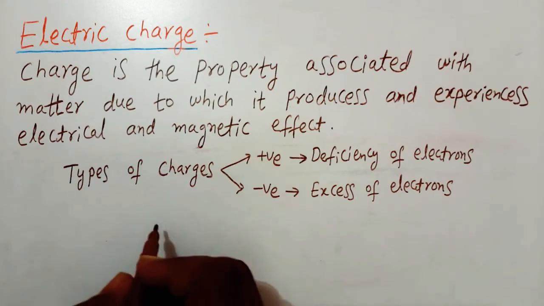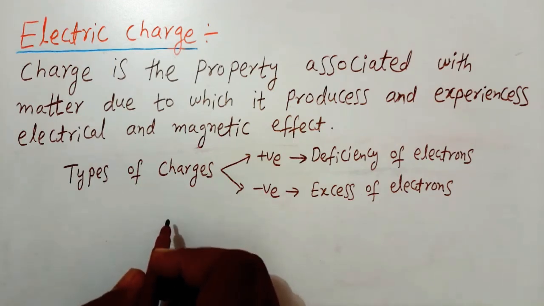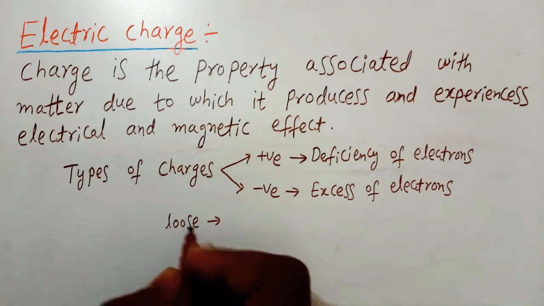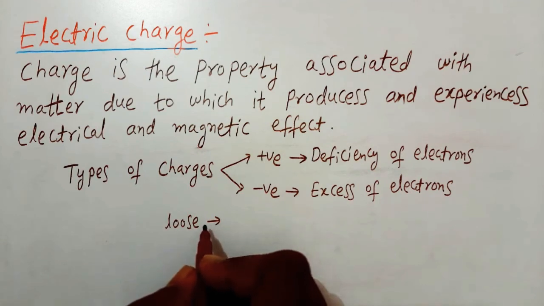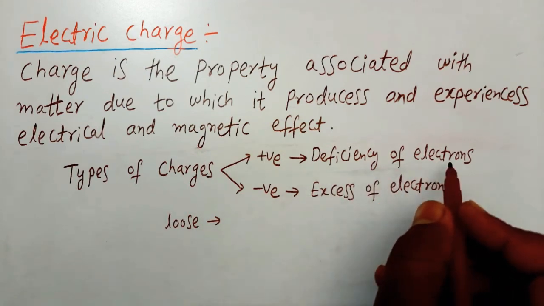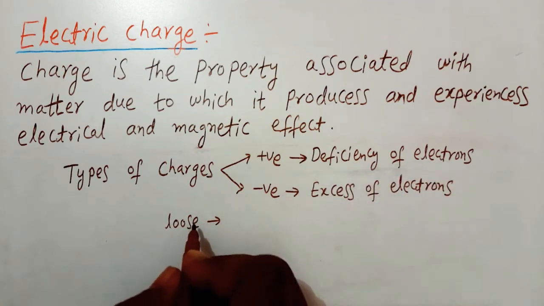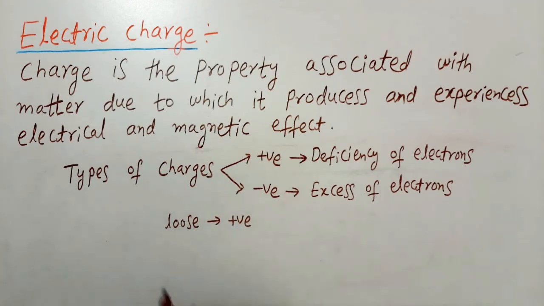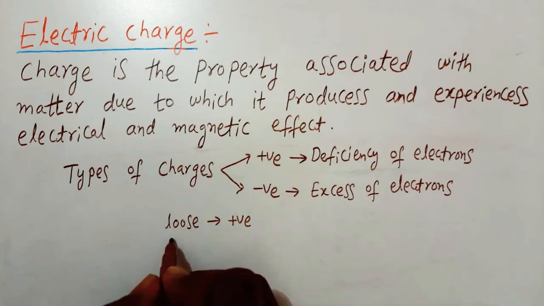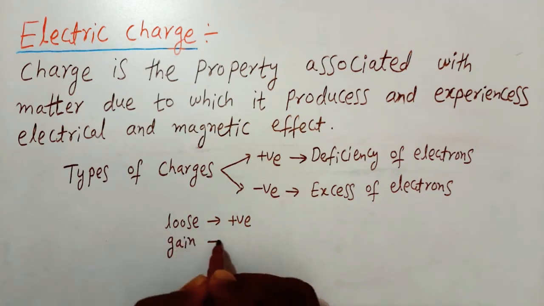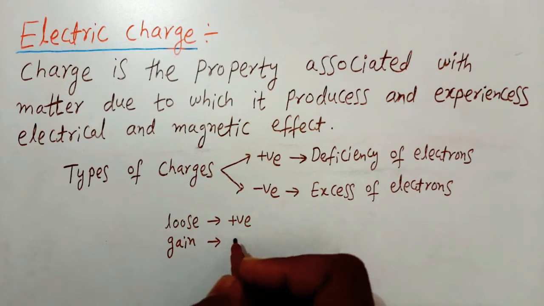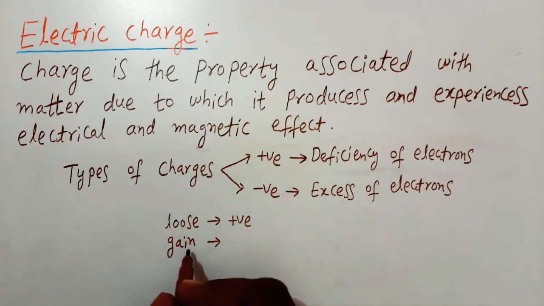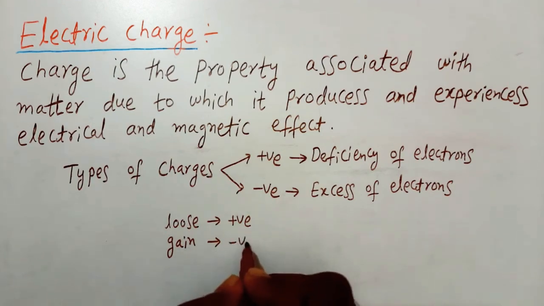That is, one object loses the electrons, which means it has a deficiency of electrons, so it gets positive charge. If one object gains the electrons, that means it has excess of electrons, so it gets negative charge.